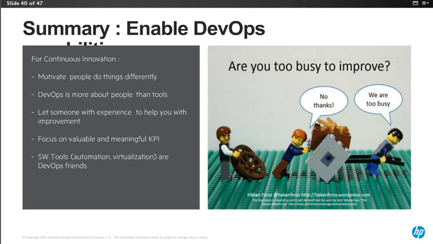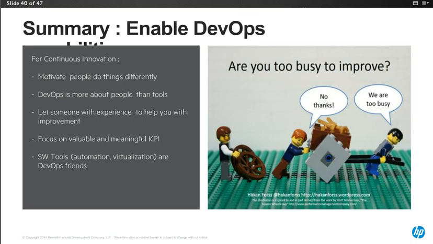Let me briefly summarize today's webinar. What I would like you to keep in mind is that for continuous innovation, for continuous delivery, for enabling DevOps, the key thing is to motivate people to do things differently.